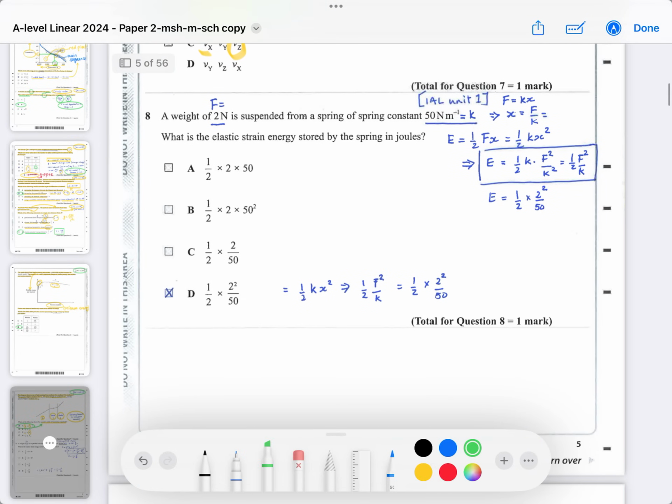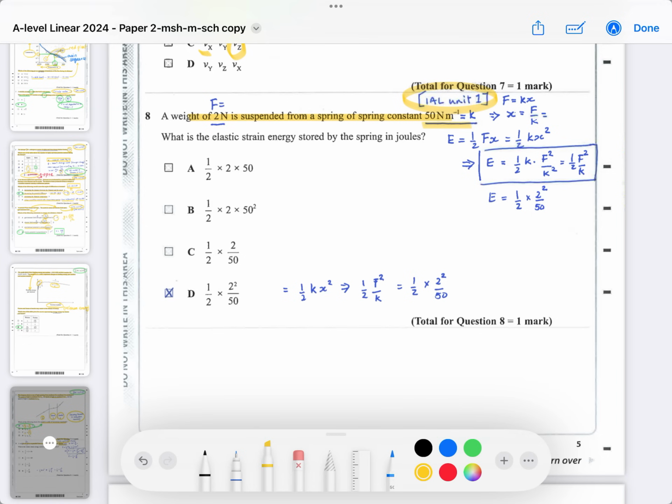Question 8. A weight of 2 newtons is suspended from a spring of spring constant 50 newtons per meter. So that's k. We know k. This is from Unit 1 materials, which is also used in Unit 5 when you've got simple harmonic motion.